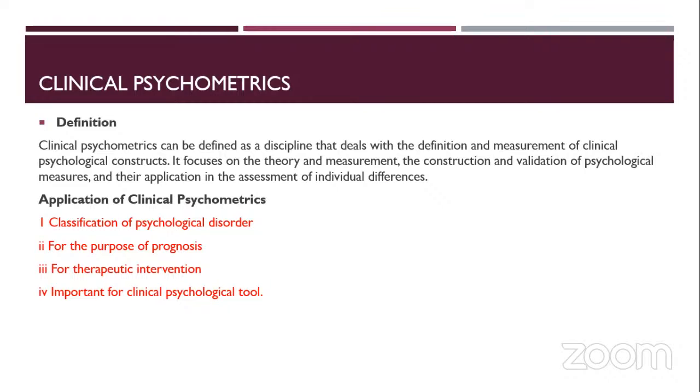It is also used in therapeutic intervention, and it is very important for the clinical psychological tool, because test construction is very important; only then will we get an idea of how diseases, diagnosis, symptom severity, etc. are associated.